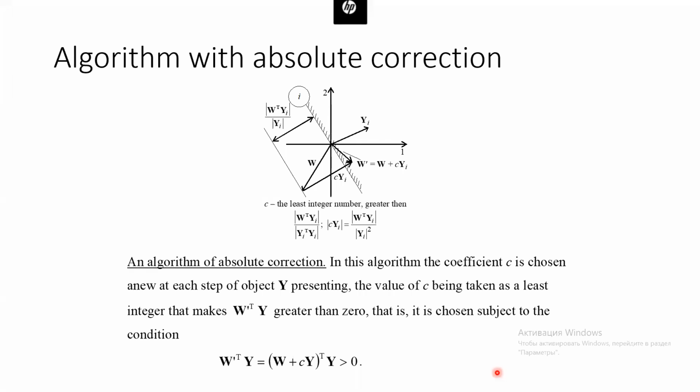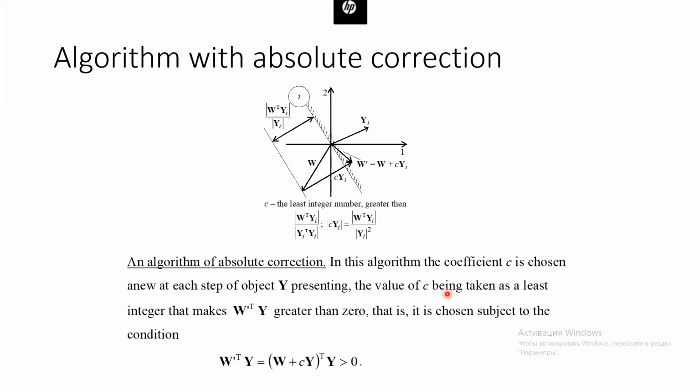The next variant of an algorithm is the algorithm with absolute correction. In this algorithm, the coefficient C is chosen at each step of object presentation. So it's not constant for the whole data set, but it changes.